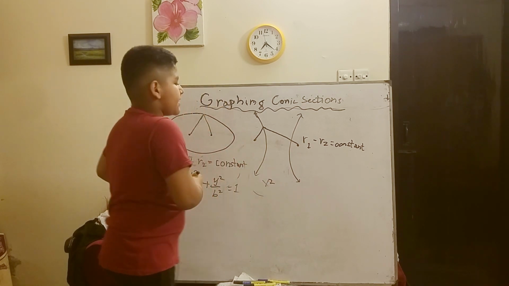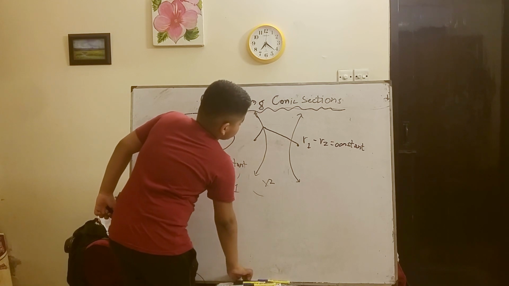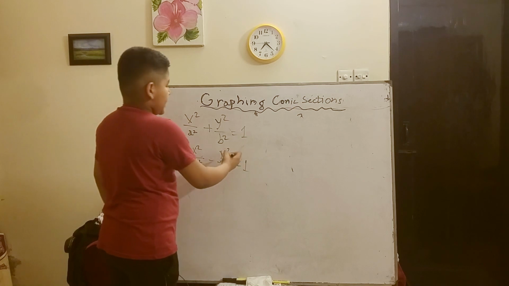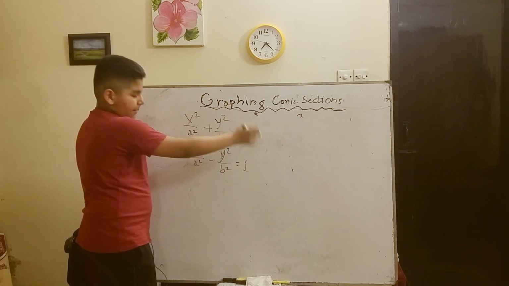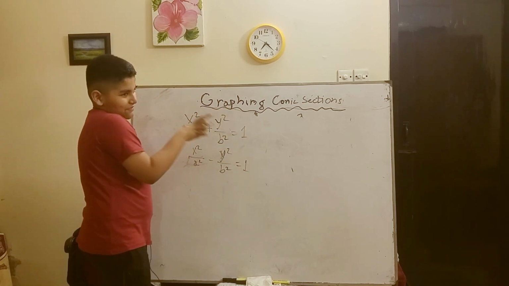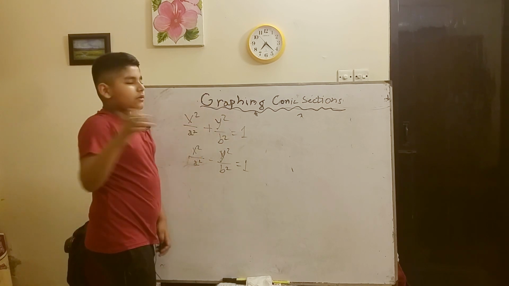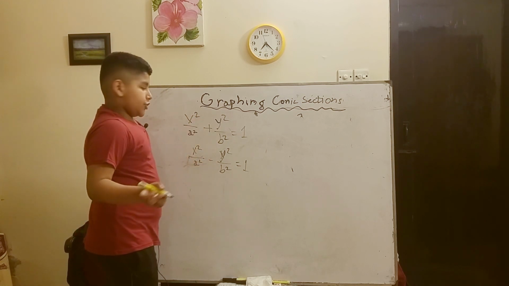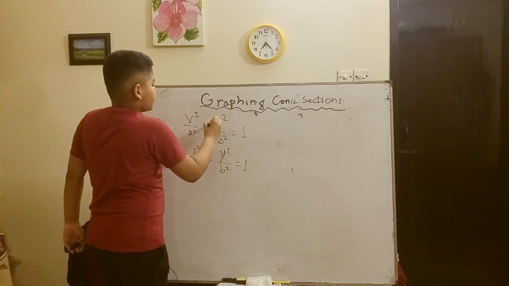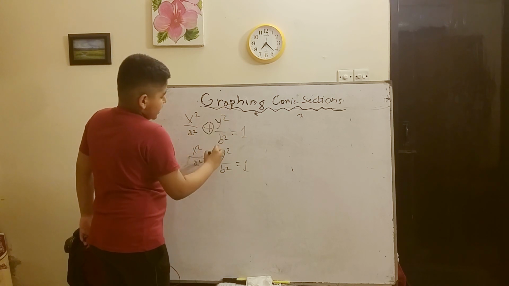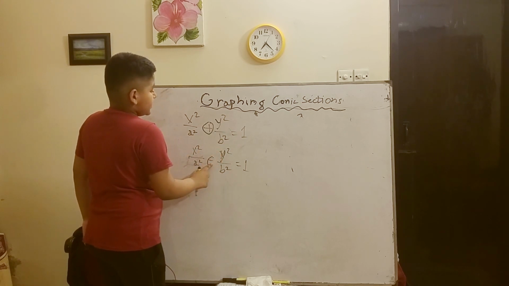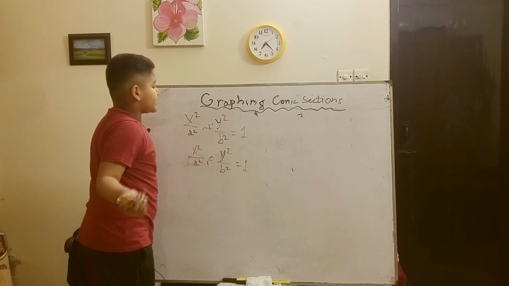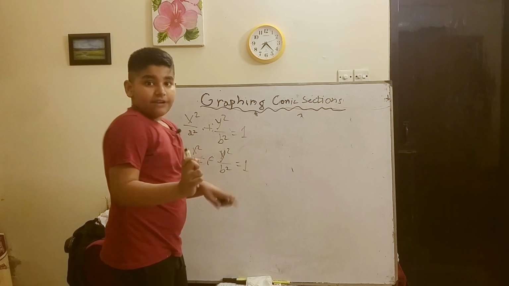Let me erase everything and write that down for more understanding. This is the equation of an ellipse, the top one, and the bottom one is the hyperbola. And there's not much difference. In fact, the only difference is instead of a plus, there will be a minus, because it's not the sum, but the difference.